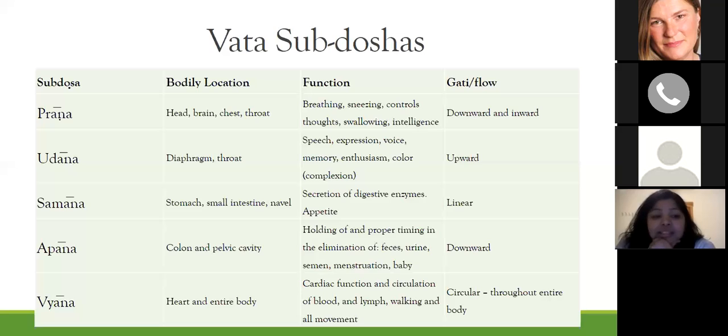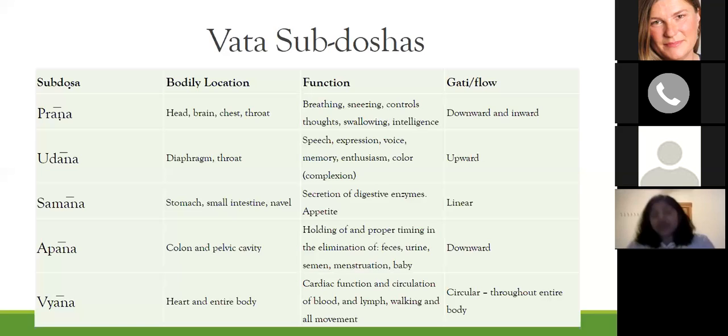The next subdosha of vata is udana vata. The udana vata is that which is located in the diaphragm and the throat. And it is the movement or the air that comes up and produces the function of speech, expression, voice, memory, enthusiasm, and complexion.